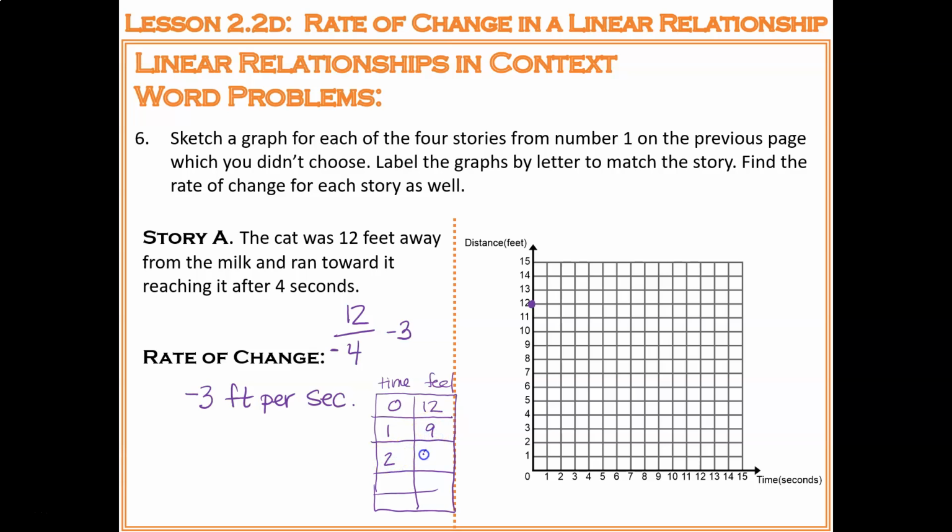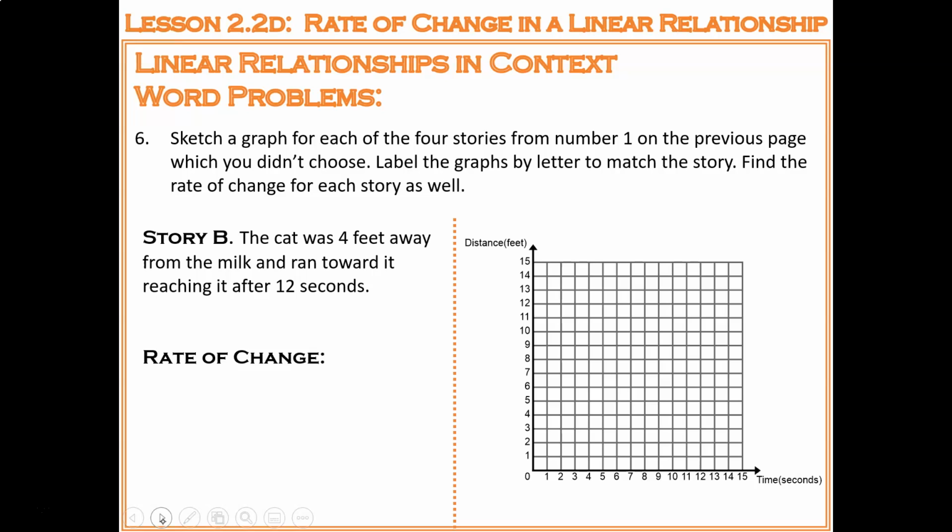After 2 seconds, it's going to be at 6, 3 seconds, 3, 4 seconds, 0. So after 1 second, it's at 9, after 2 seconds, it's at 6, 3 seconds, it's at 3, and 4, it reaches the milk. So the x-axis is the milk. So you can see that when you have a negative rate of change, your graph is going to be downward sloping like a ski slope.